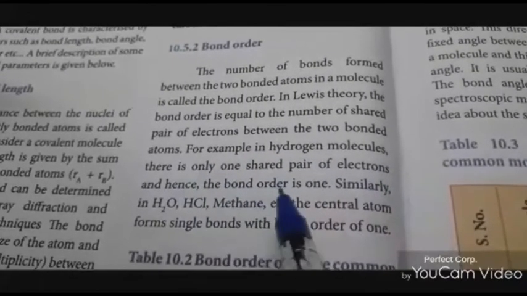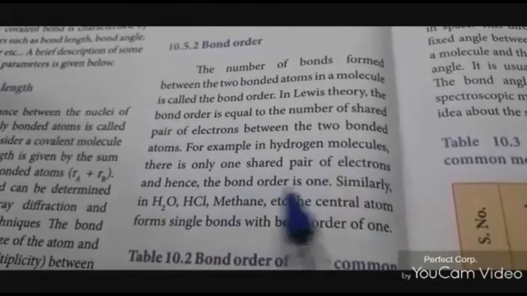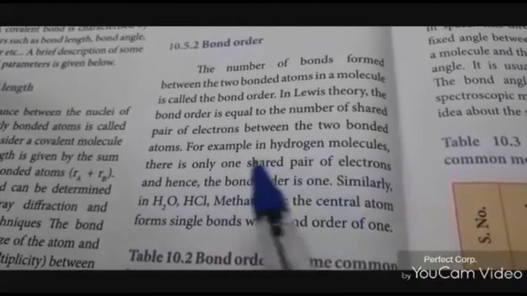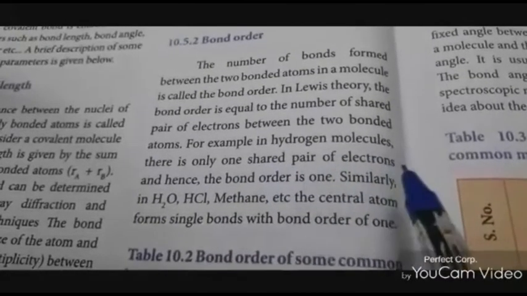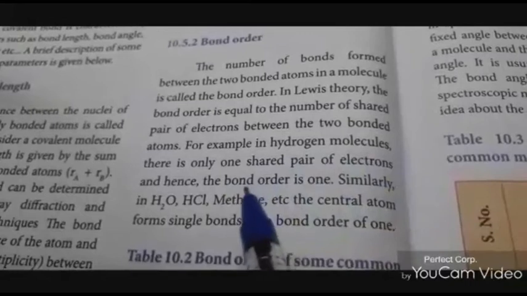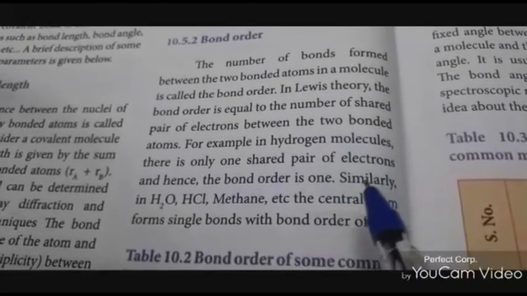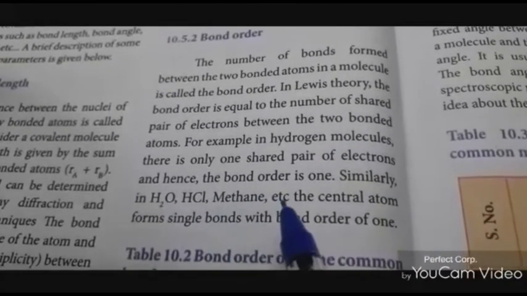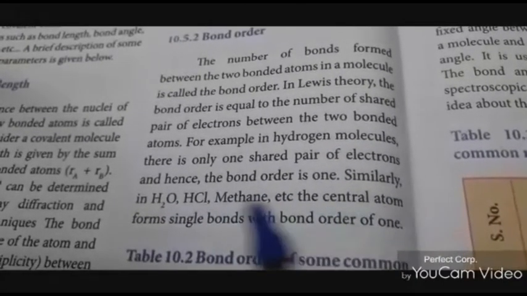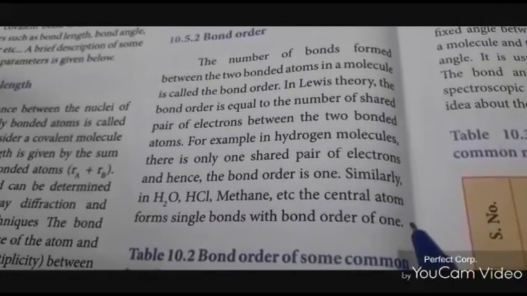Hence, the bond order value for hydrogen molecule is 1. Similarly, in H2O, HCl, methane, etc., the central atom forms single bonds with bond order of 1.